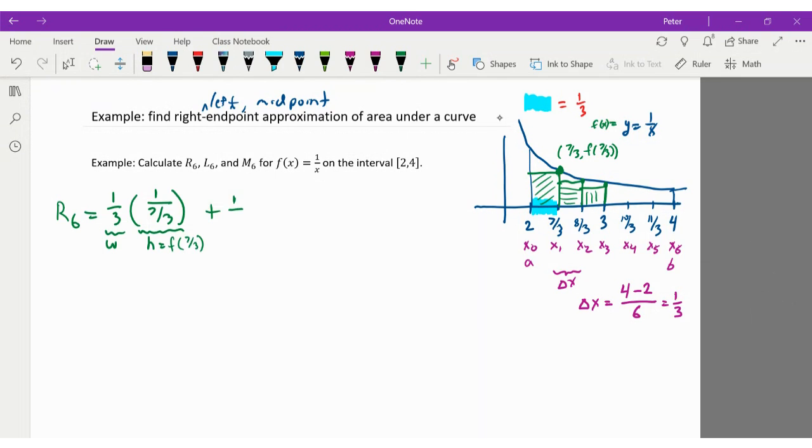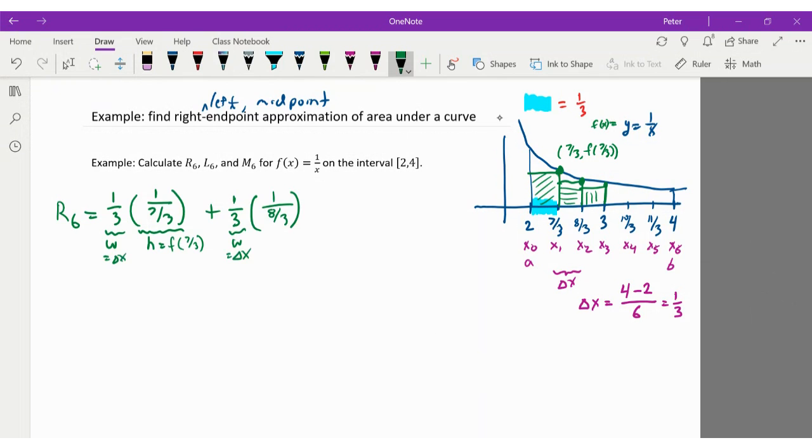Here we have 1/3. The second rectangle is still going to have a width of 1/3, but I'm using this point here and plugging that, the 8/3, into the function, giving me 1 over 8/3. So once again, that's the fixed width, which equals delta x.